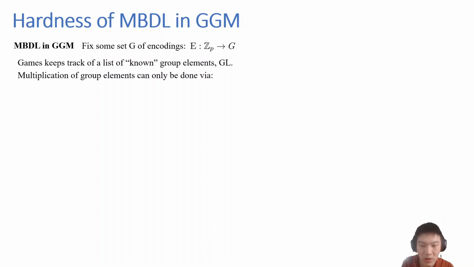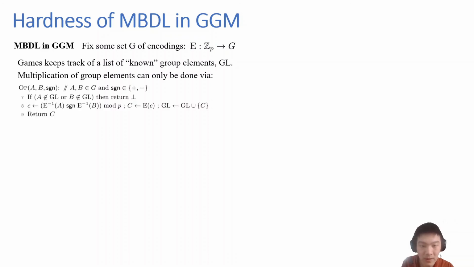And the group operation is done via an oracle that takes two encodings of elements, provided that they are in the set GL, and the multiplication oracle will decode them, do the corresponding operation, and then encode them again to return this new encoding, as well as adding it to the list GL.